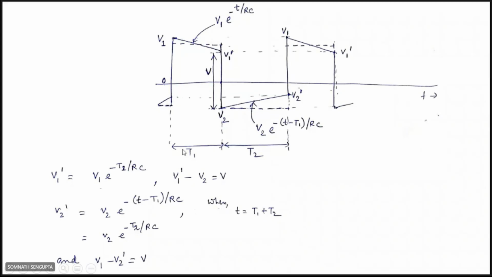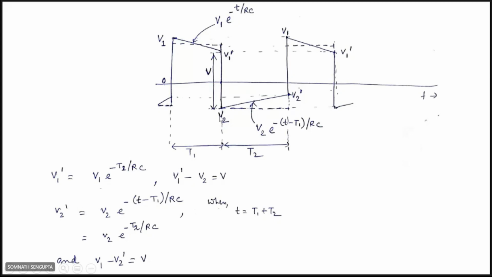We consider one square wave with on time period T1 and off time period T2, maintaining a certain voltage level V1 for time duration T1 and V2 for time duration T2, and they change by an amount V. That is the input, shown by the dashed line. Now V1 dashed is the voltage.